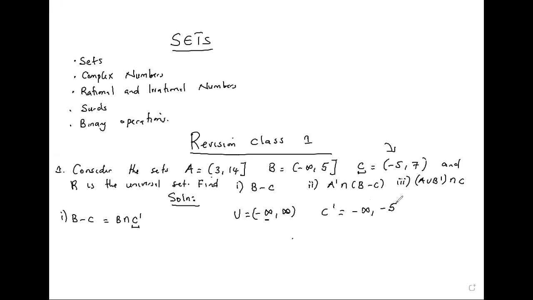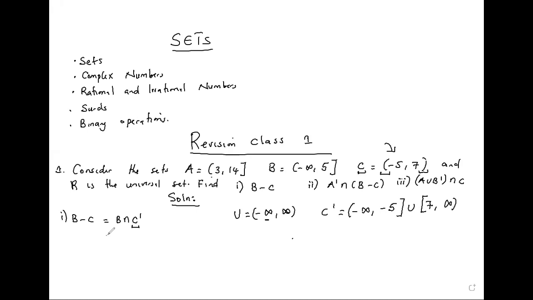And then check, is negative 5 in set C? You find it's open there, so you close in the complement. And then union, you skip C and start from 7 where C is ending. Again, you check, is 7 in C? You find it's not in C, meaning it's in the complement, all the way up to positive infinity.